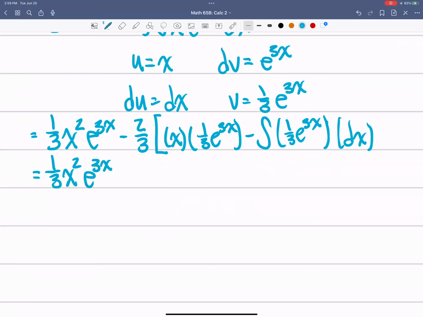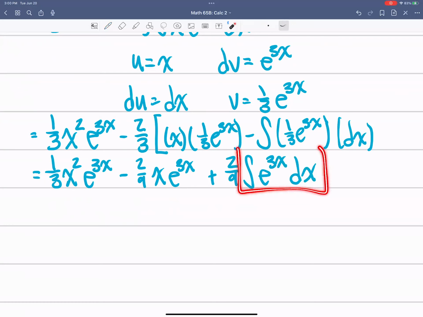Let's multiply that 2/3 in. So that's negative 2 over 9 x e to the 3x, and minus and minus is plus 2 over 9 times the integral of e to the 3x dx.